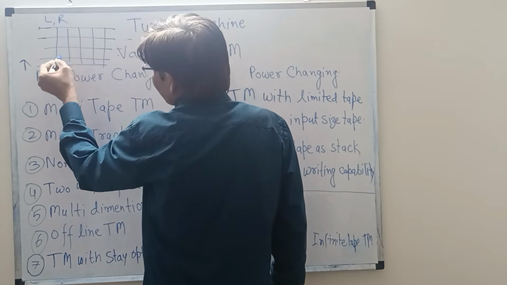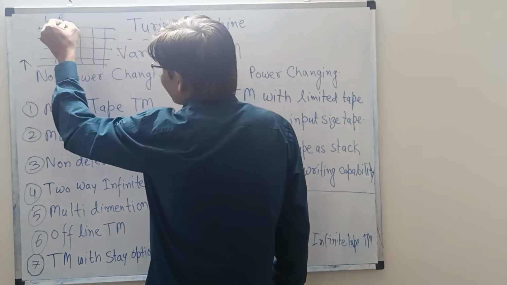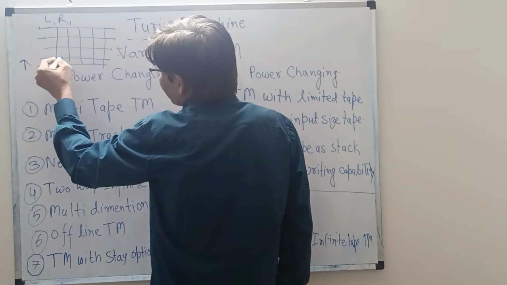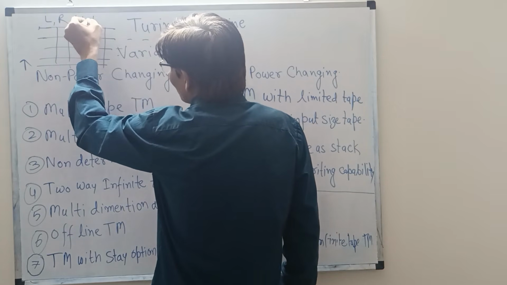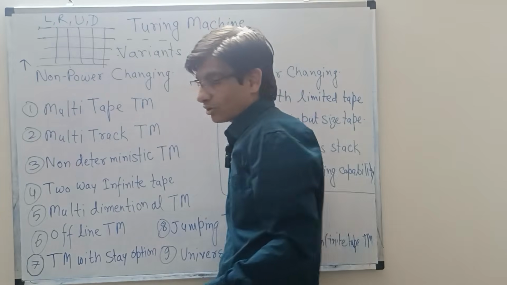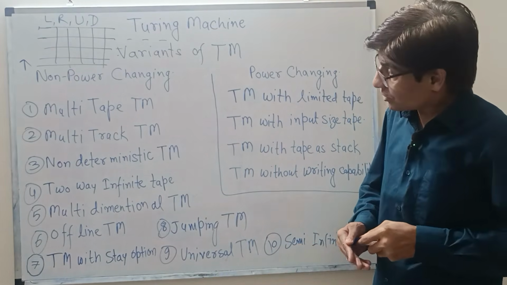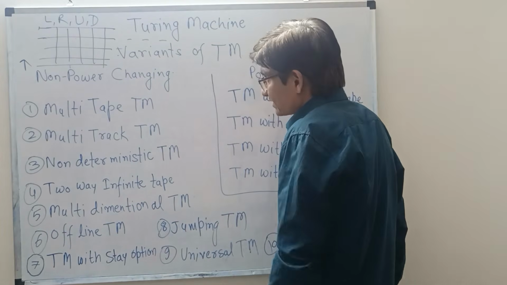In this multi-dimensional Turing machine, you can have two more directions: you can move up or you can move down. So there will be four possible directions for moving. So this is called a multi-dimensional Turing machine.